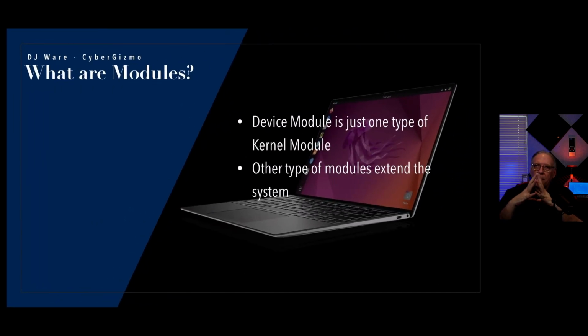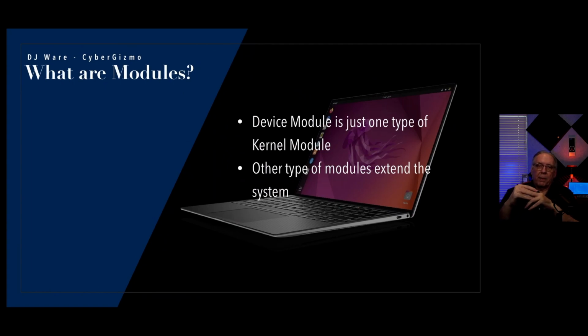So the device module is just one type of kernel module. I don't want you to walk away thinking this is just about devices. No, there's more to it. There's just about any kind of functionality that you want to add onto the kernel, whether that be a new VPN or a new cryptographic algorithm, or maybe a new method of doing encoding for your videos or audios.